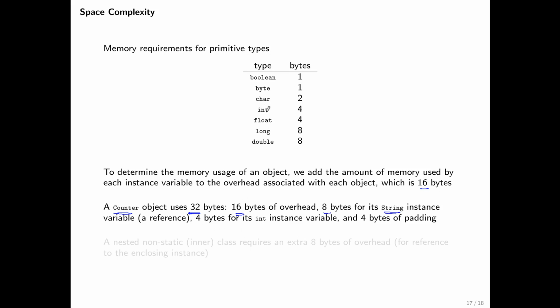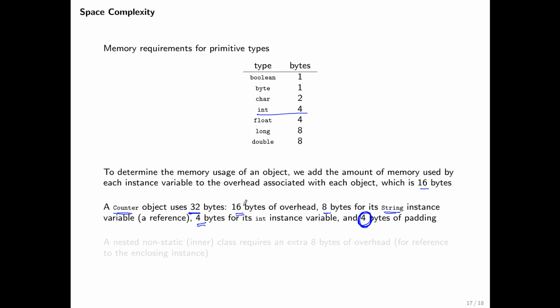An integer from this table is 4 bytes. Okay, so what do we have? We have 16 plus 8, which is 24, plus 4, which is 28, and then there is also 4 bytes of padding. All right, and this is basically for memory alignment reasons. And that gives us a total of 32 bytes.